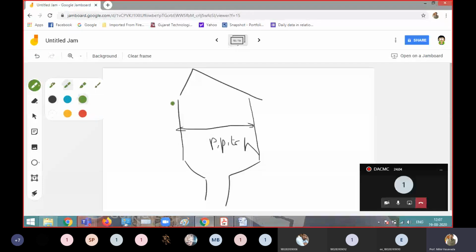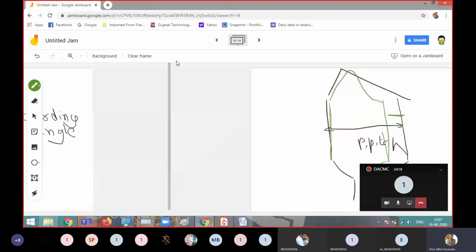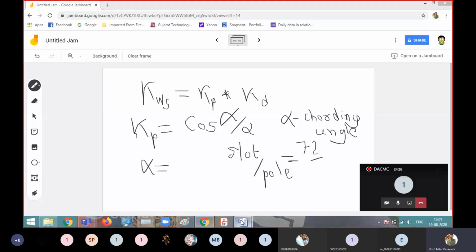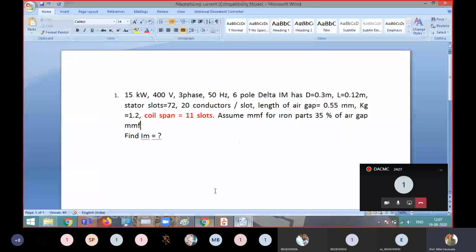But here what they are doing, they are making the first as it is, but the second they are shortening, making a short pitch coil, a smaller one, like this. So we need to find out this short pitch angle alpha. Clear? So first we'll find out slots per pole. Slots given are 72, look at the data, and the number of poles is 6.